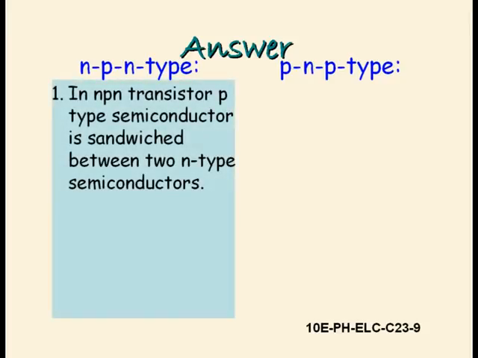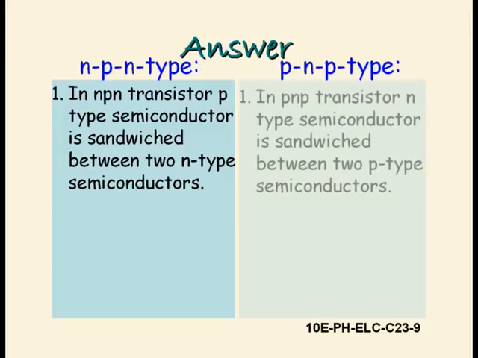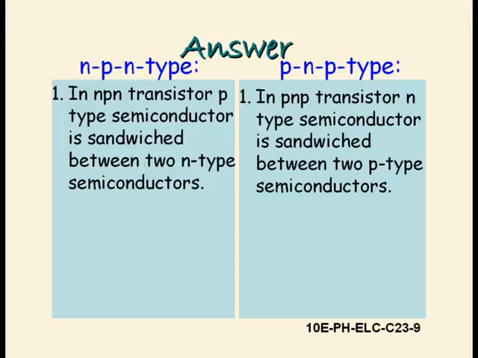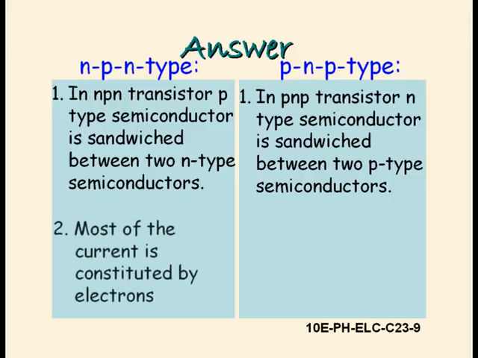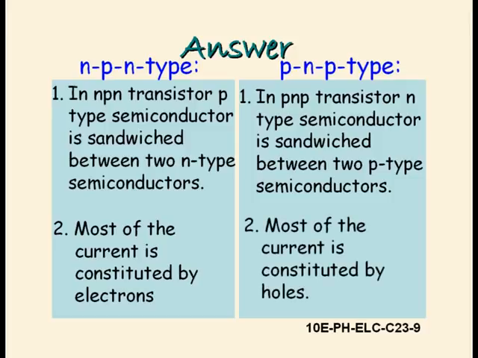In NPN transistor, P-type semiconductor is sandwiched between 2 N-type semiconductors, whereas in PNP type, N-type semiconductor is sandwiched between 2 P-type semiconductors. Point number 2. In NPN type, most of the current is constituted by electrons, whereas in PNP type, most of the current is constituted by holes.